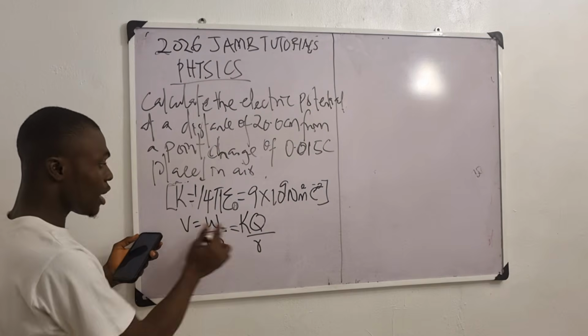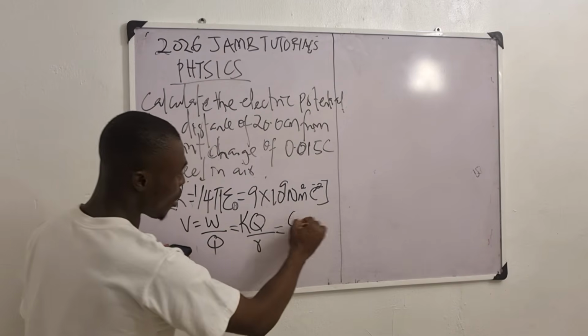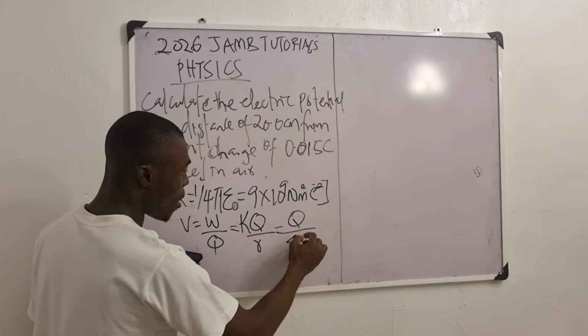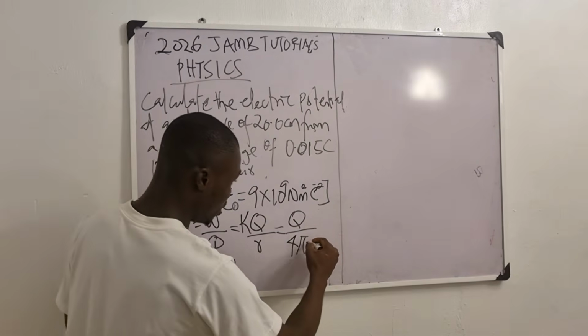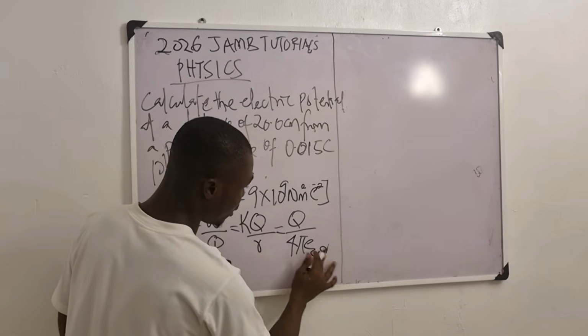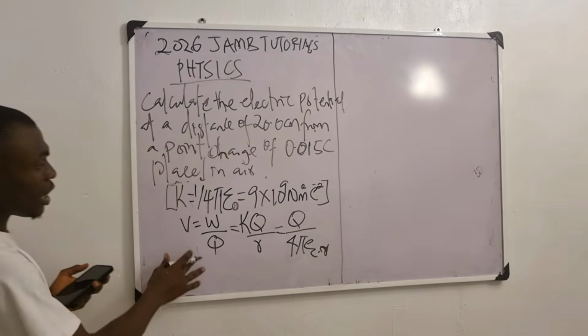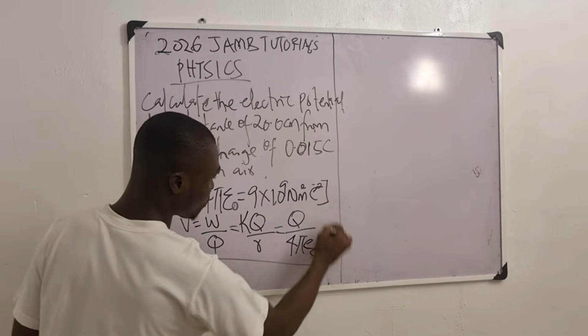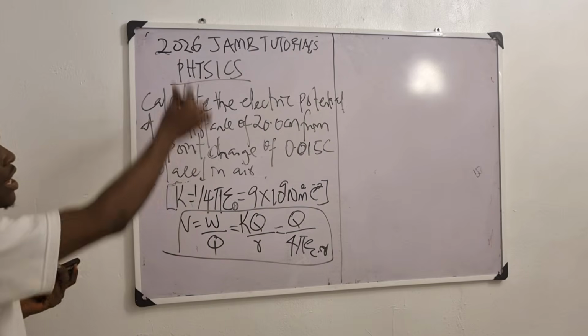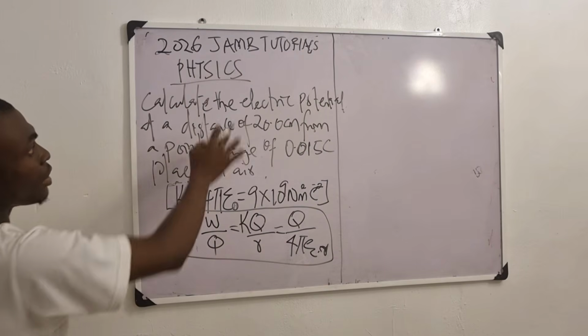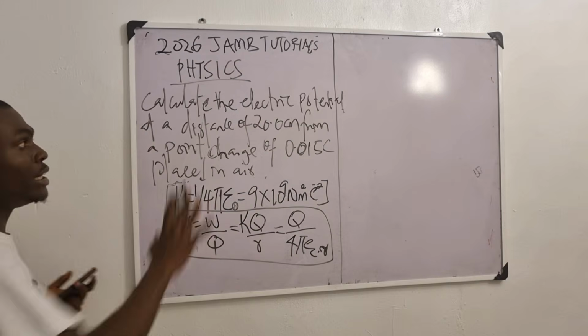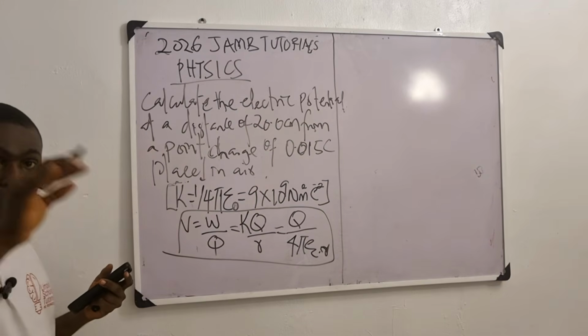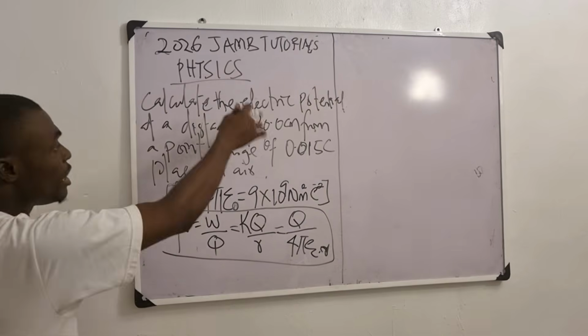The same V can also equal Q over 4 pi epsilon naught R. These are the formulas you can use to solve any JAMB question on electric potential.